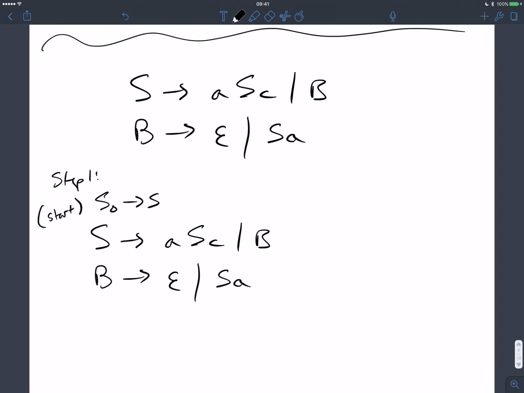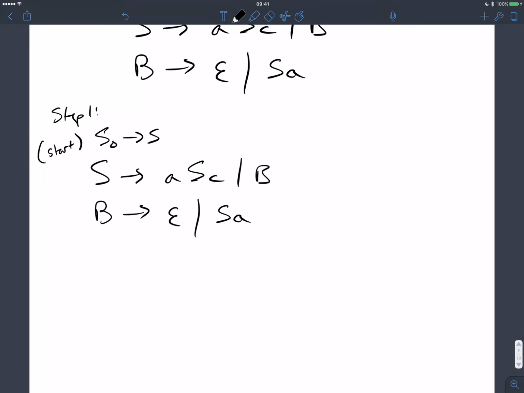If the rule that has ASC and SA were not there, do I need to do that first step? I should do that first step, but do I need to, if I'm doing this in general? No, because there's no rule with the start variable on the right-hand side. Okay, step 2, what do I do?